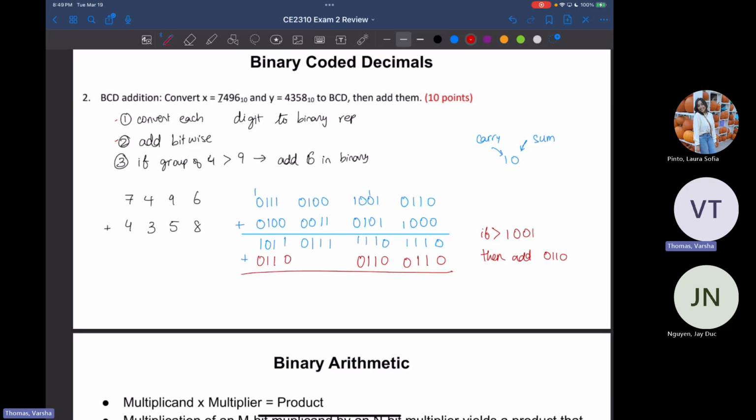0, 1, 1, 0. Okay, there we go. Okay, now we can add properly. 1, carry the 1, 0, carry the 1, 1, 0, carry the 1, 1, carry the 1, 0, carry the 1, 0, carry the 1.